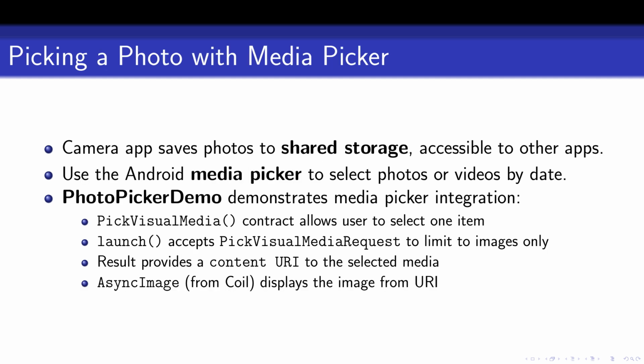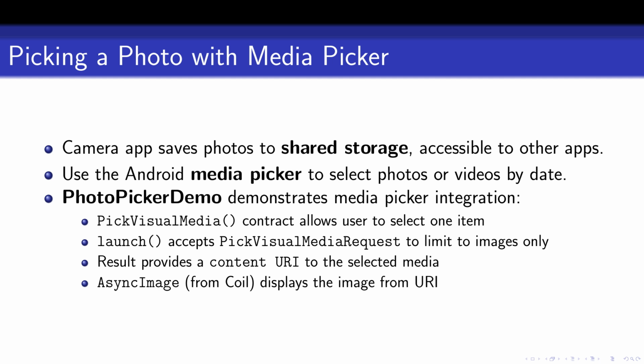In addition to capturing new photos, you may want to let users select existing ones. Android supports this with the Media Picker, a built-in UI that allows users to browse and select photos or videos from shared storage. This interface is automatically sorted by creation date and can be filtered to show only images.